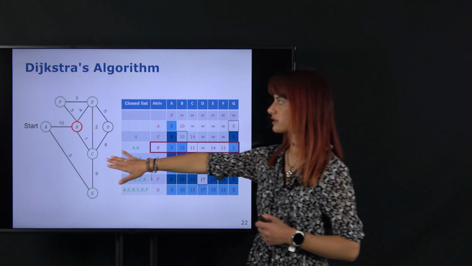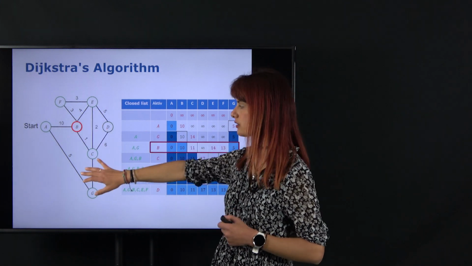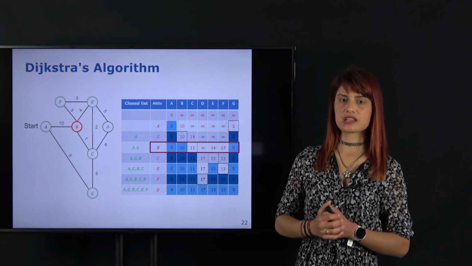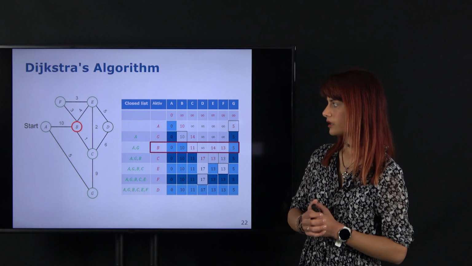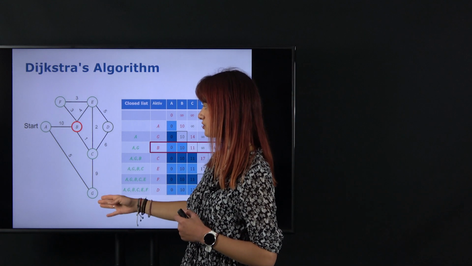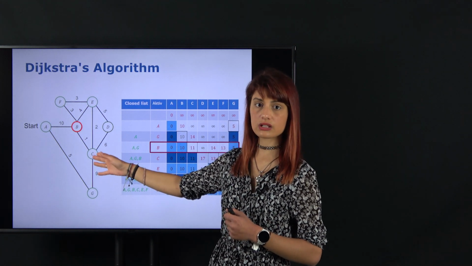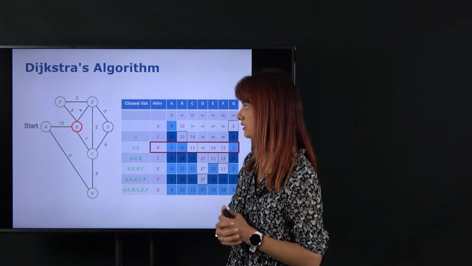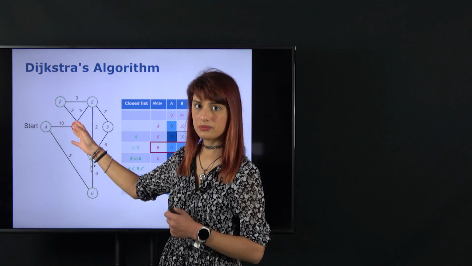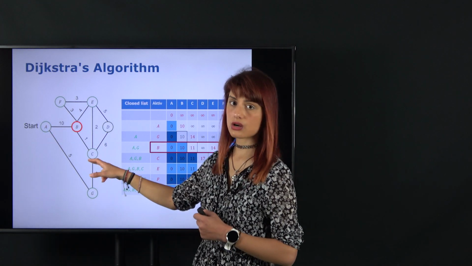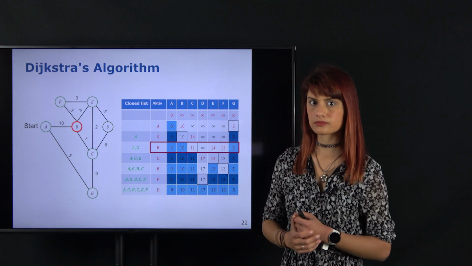Note that when we expanded B, we found a different way of getting to C. This is an important aspect to consider. Earlier we found C through G, so 5 and 9 were 14 total accumulated cost at C. But having expanded B, we have found a shorter route which costs only 11.